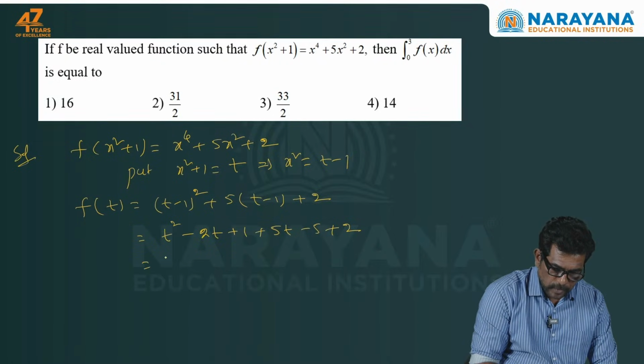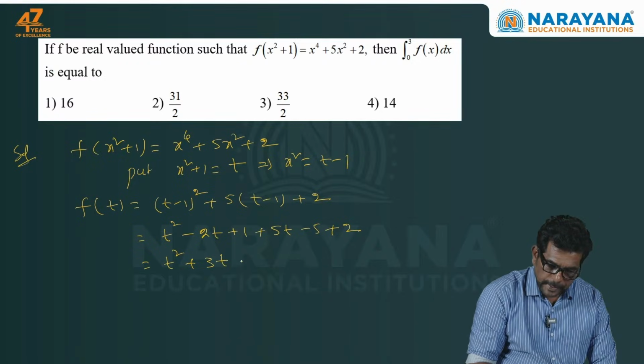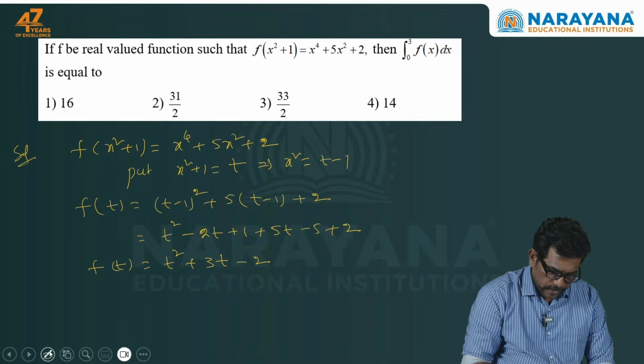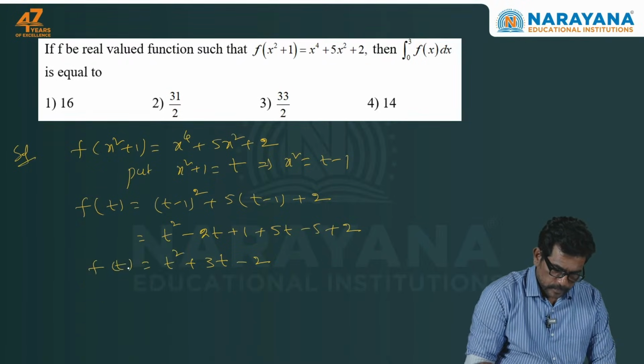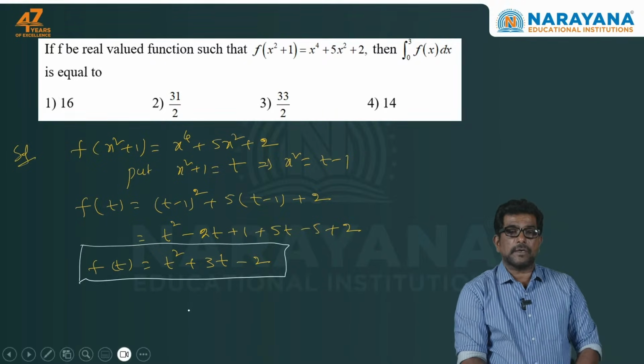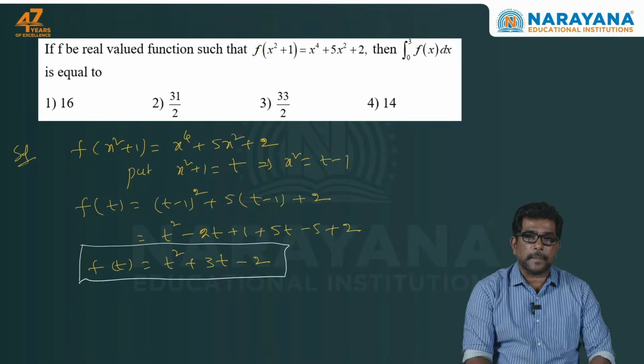Now, this is equal to t square plus 3t minus 2. This is the function f of t. f of t is equal to t square plus 3t minus 2.